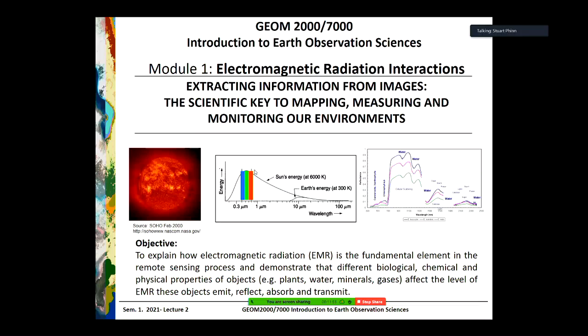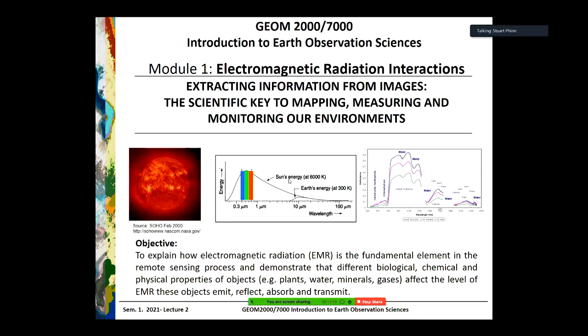Interestingly, that's where our eyes work really well for those colours, and pretty much anything that uses sunlight has built physical and chemical properties that use that energy. This other curve down the bottom is the amount of energy coming from the surface of the Earth. The Earth's a lot cooler, so it emits energy at a much longer wavelength down there.